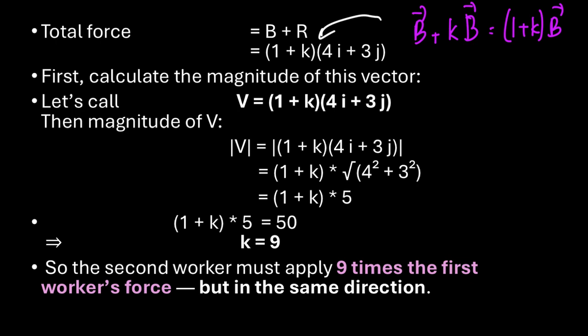It is given in the question that this magnitude is 50, therefore (1 plus K) into 5 is 50 and K is equal to 9. What is the practical meaning of K equal to 9? It implies that the second worker must apply 9 times the first worker's force, in the same direction, to just move the block.